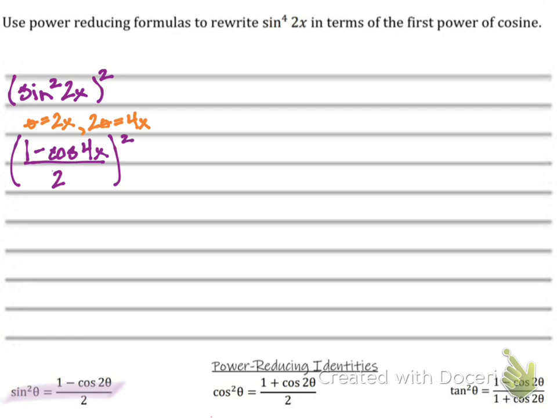But when I FOIL that, I'm going to have 1 minus 2 cosine 4x plus cosine squared 4x all over 4. So that's just a minus b quantity squared, right? A squared minus 2ab plus b squared.